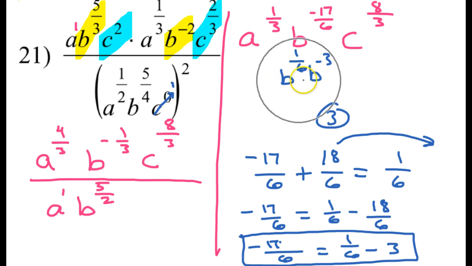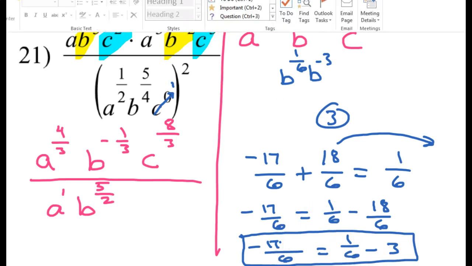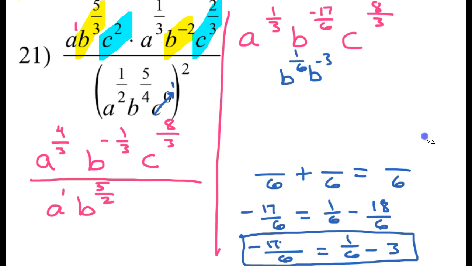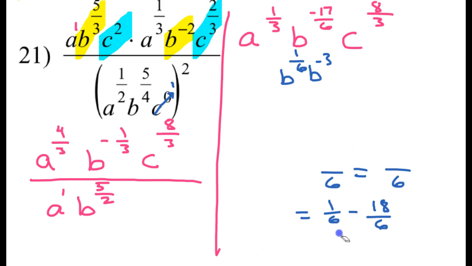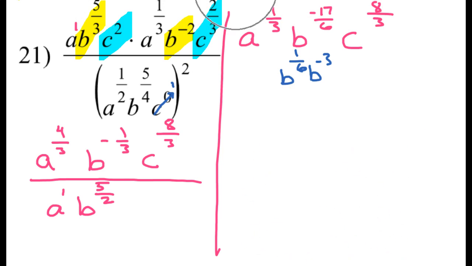And I believe you can convince yourself quickly, if you multiply these 2 back together, you would have to add these, and you will get negative 17 over 6. And you know that because you see it right here. You put these together, you get negative 17 over 6. Okay, that's how you fix the problem, people.